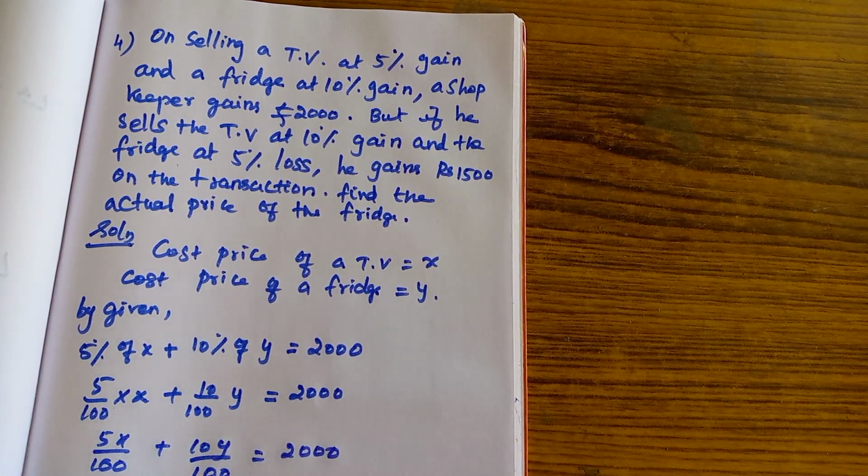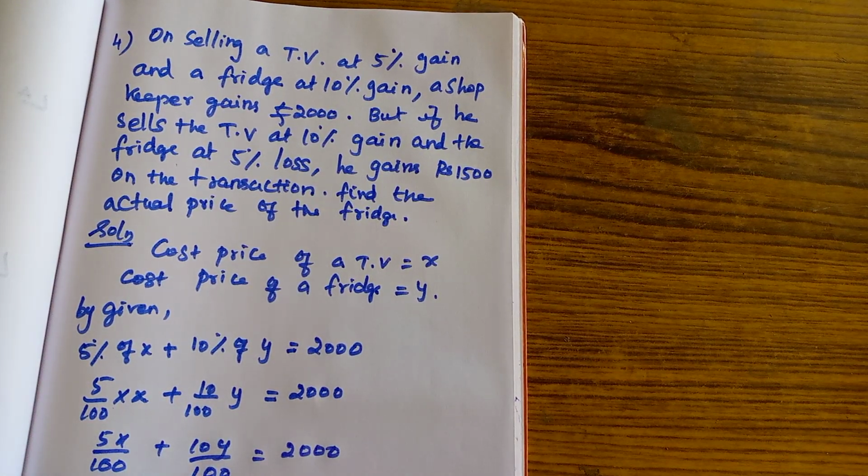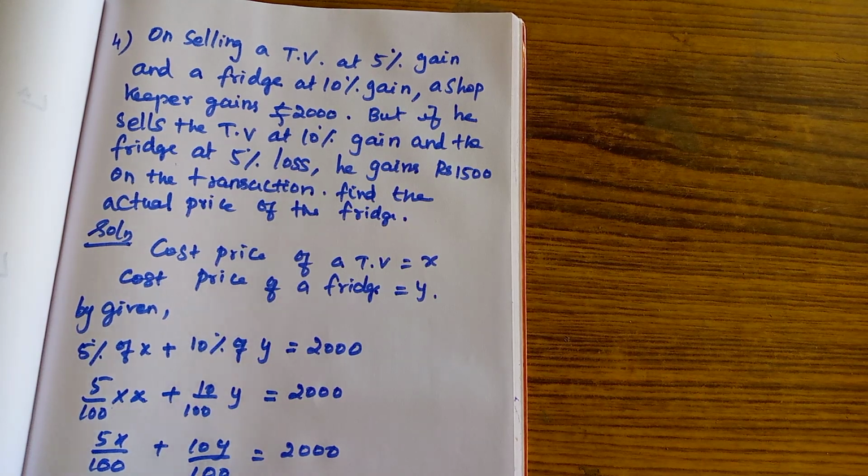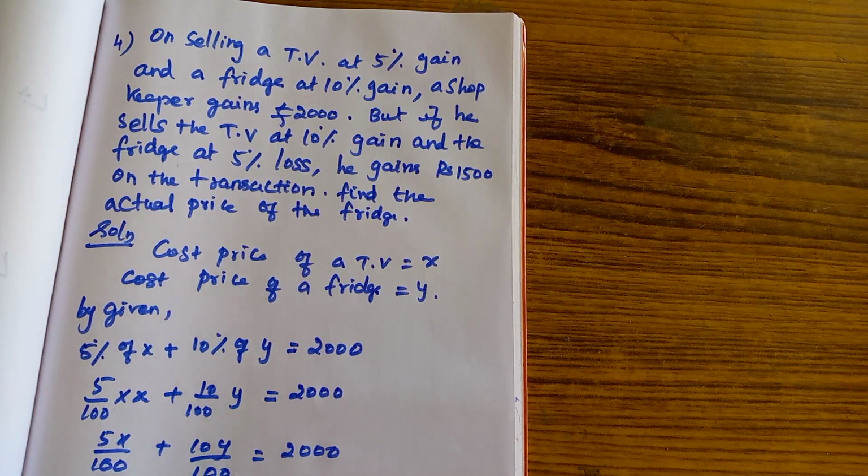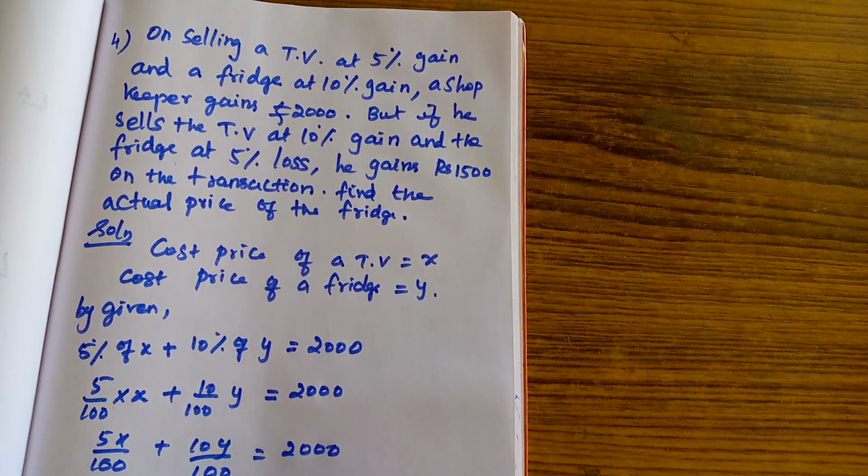Now, this 100 is common, so 5x plus 10y by 100 is equal to 2000.